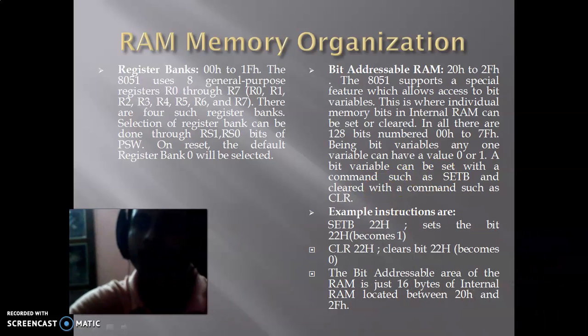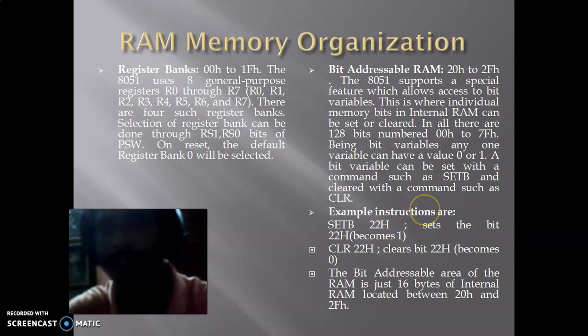We can set the bit using SETB and clear the bit using CLR. For example, SETB 22H means the bit at that RAM location is set, and if you clear it, then that bit will also be cleared. The bit addressable area of this RAM is just 16 bytes of the internal RAM located from 20H to 2FH.